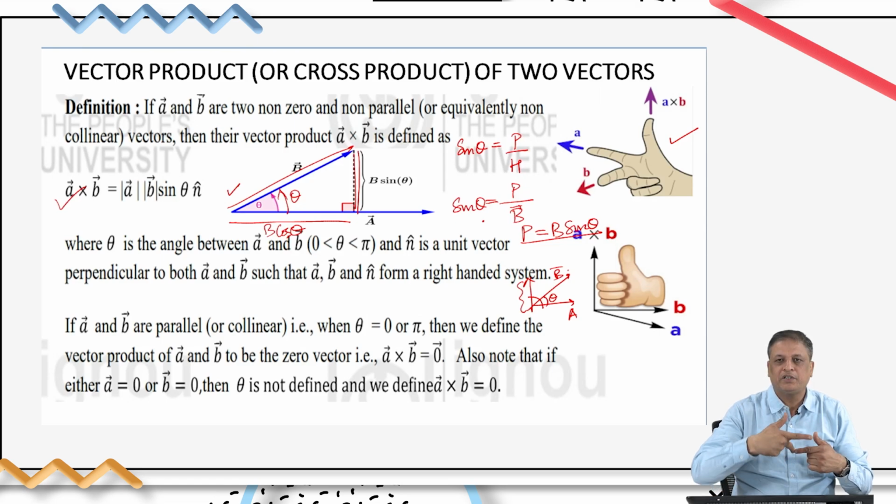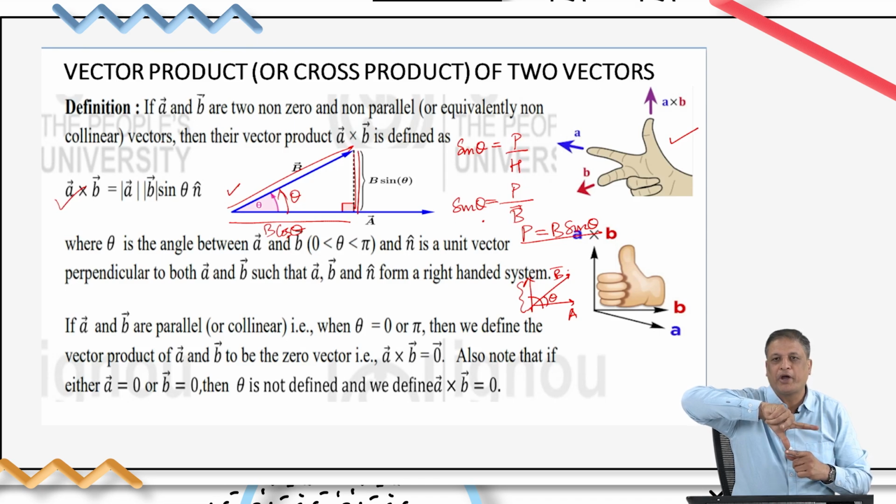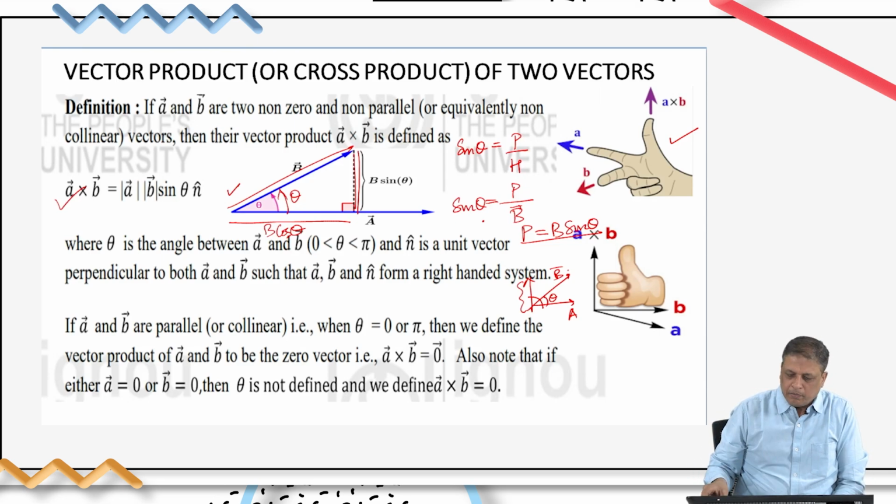As a result, the thumb is now pointing down. That means A cross B is not equal to B cross A. The direction is totally reversed, and this is a right-handed system.